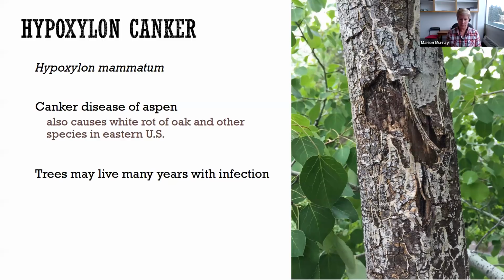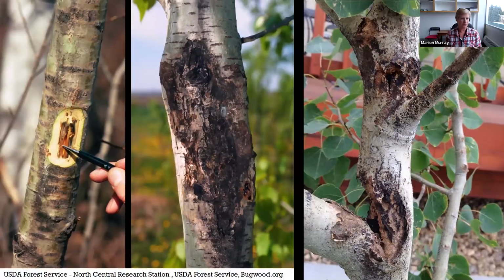The general symptoms shown in this picture, on this very old canker: the bark will tend to flake off in a checkerboard format. And then underneath the bark, the wood tissue will turn black and be a very dark color.